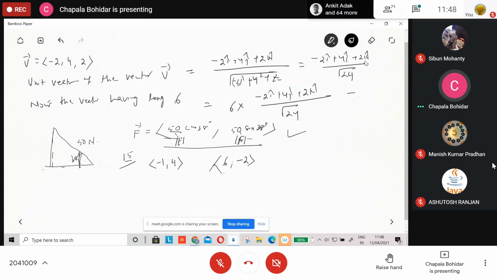Find geometrically. The vector is -1, 4.